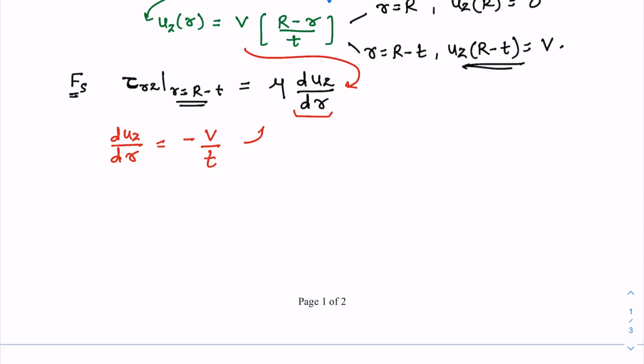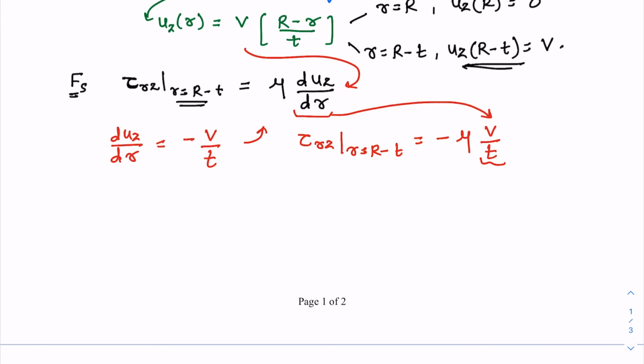And if you substitute it here, you'll get tau rz at r equal to r minus t to be equal to minus viscosity times V by t, where V by t is this gradient of the z velocity of the oil film in the r direction.